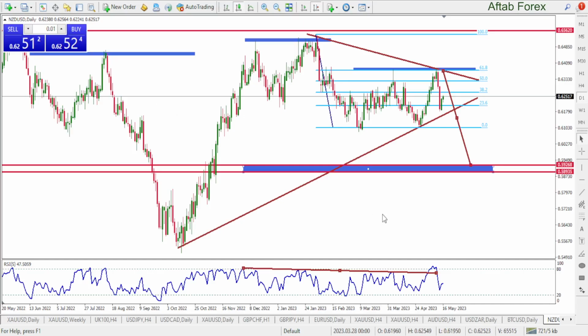There are a lot of currency pairs, and I recommend everyone to apply my strategy on as many pairs as you can. So here, obviously these bears and this sell are confirmed from right here.